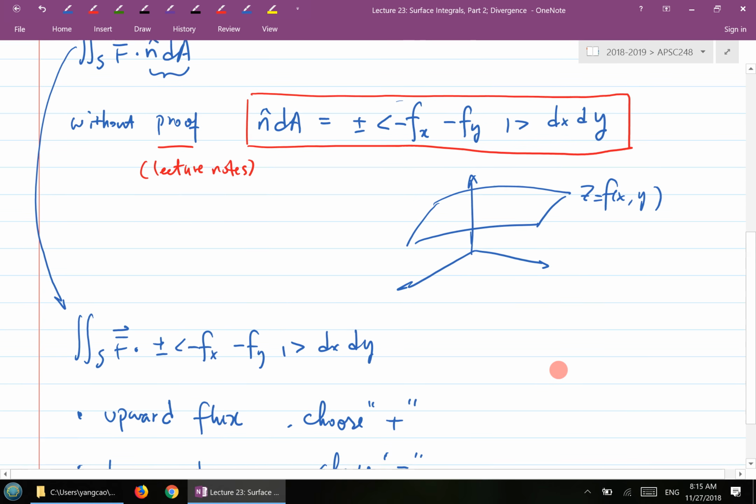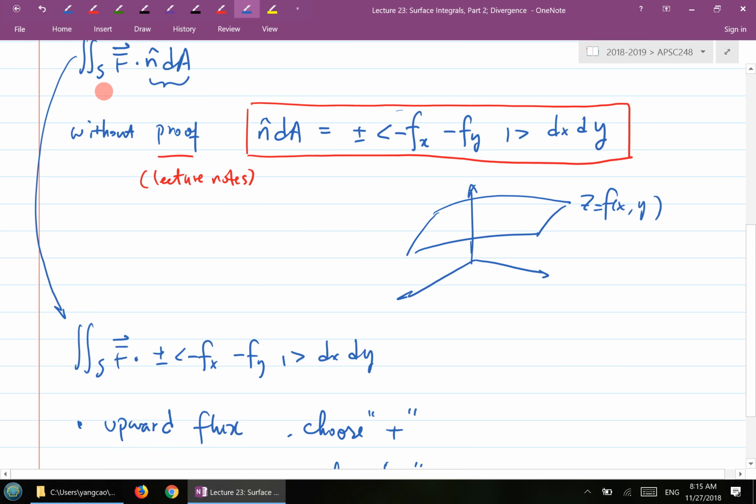Where are we integrating? We're integrating over this surface S, right? So that's your constraint. And what is the surface S? So what do we replace the z with? We replace the z with the surface function.